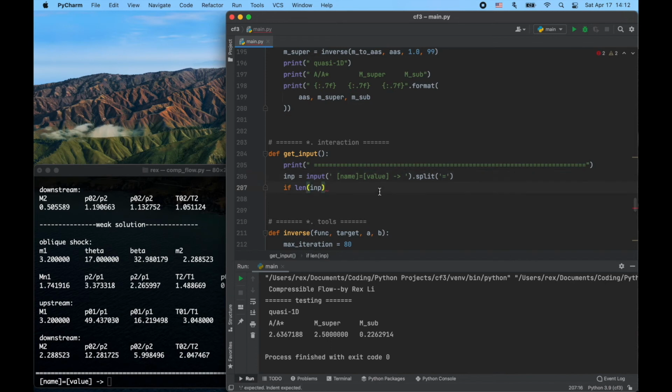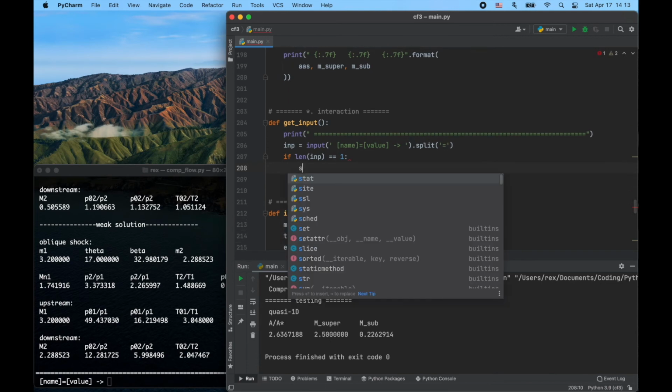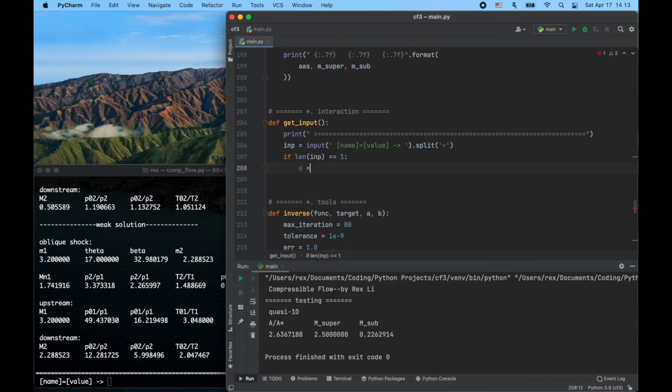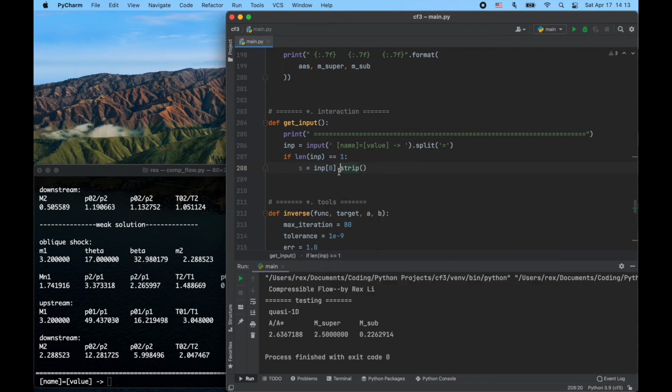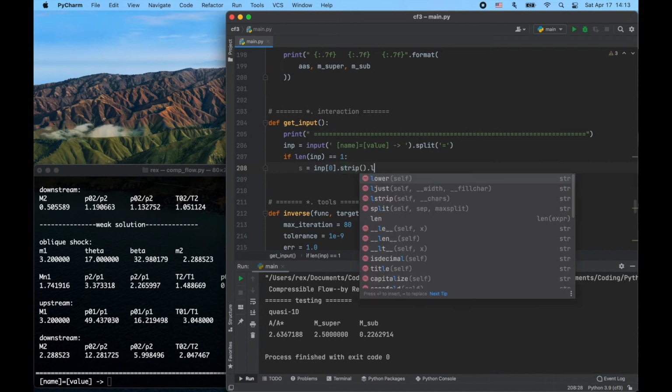So if the length of that is 1, then first let's make sure that the string, we use strip to remove the white spaces before or after it, and make it lowercase. So let's check if s is quit or exit. This is simply we just quit the whole program.